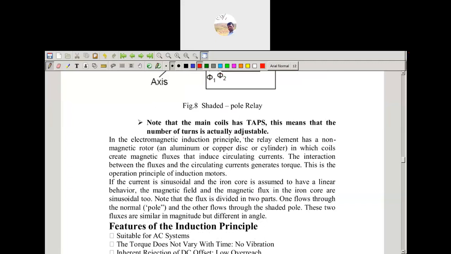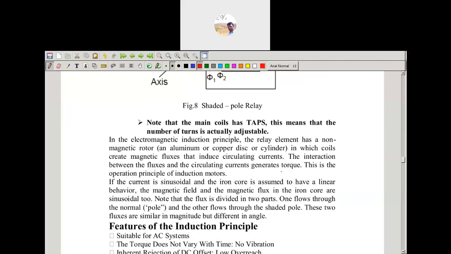In this electromagnetic induction type, the relay element has a non-magnetic rotor, that is an aluminum or copper disc or cylinder, which creates the magnetic flux that induces the circulating currents. Here circulating currents are nothing but eddy currents. These interact between the fluxes and the circulating currents and generate the torque.